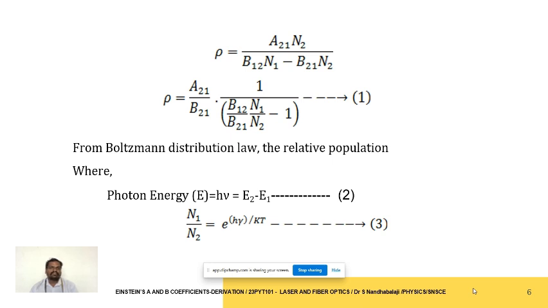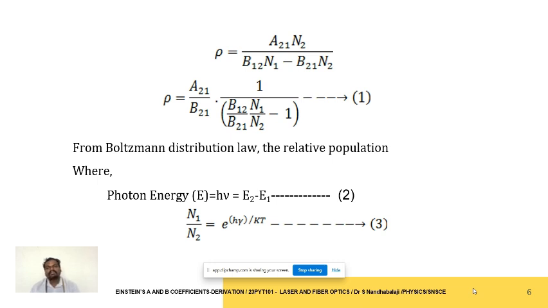So we have B12 N1 divided by B21 N2 in the denominator, and on the opposite side B21 divided by B21. N2 and N2 are cancelled, B21 and B21 are cancelled. So we get B12 N1 divided by B21 N2 minus 1.